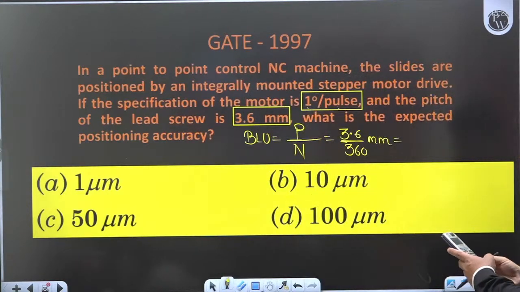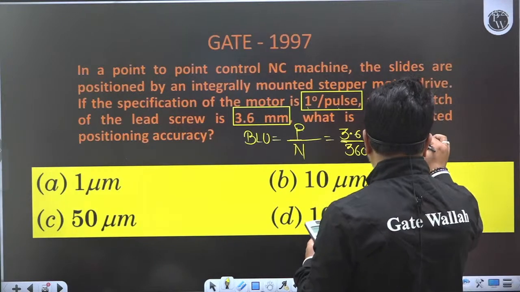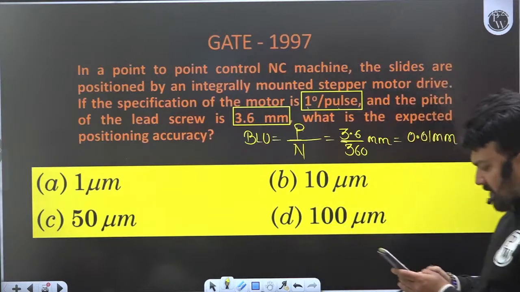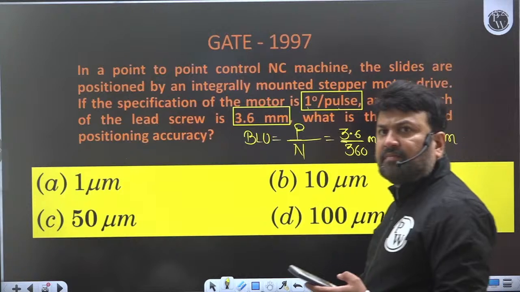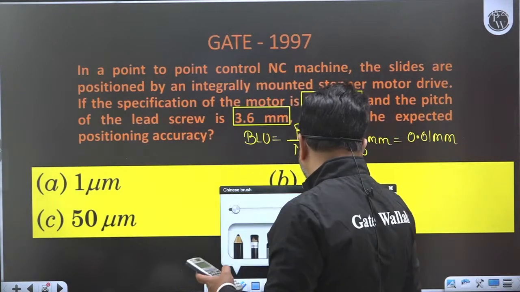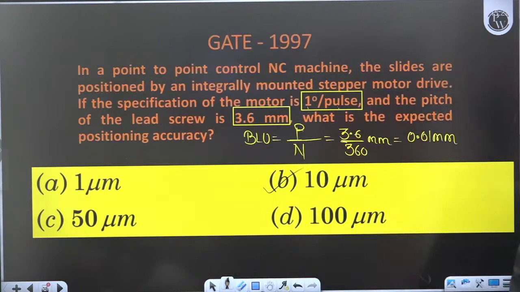So 3.6 divided by 360 is 0.01 mm. Convert it into micrometer, so 10 micrometer. Is it clear?